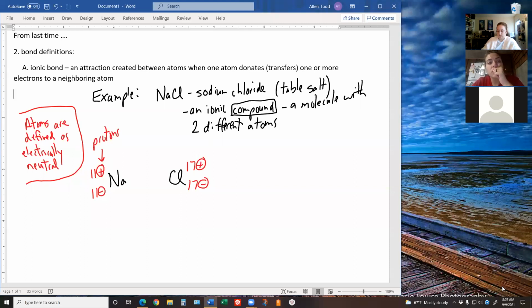Okay, and so you notice that the third shell in sodium only has 1 electron, and sodium would really like to have a complete outer shell of electrons. It would like to have 8 electrons there. Well, there's only 1.